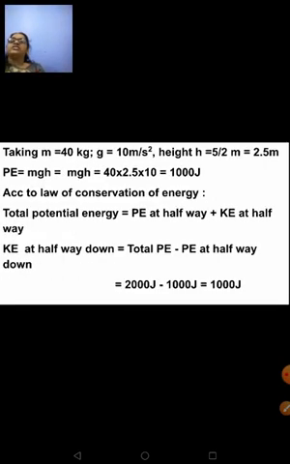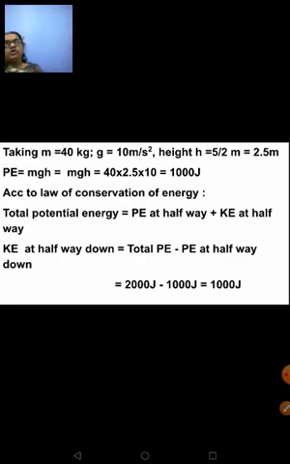So how to calculate the potential energy when it is halfway down? 5 meter is the total height, so half of it will be 5 divided by 2, which will give you 2.5 meters. Taking mass as 40 kg, acceleration due to gravity g as 10 meter per second square, and your height h as 2.5, substituting the values you get 1000 joules.